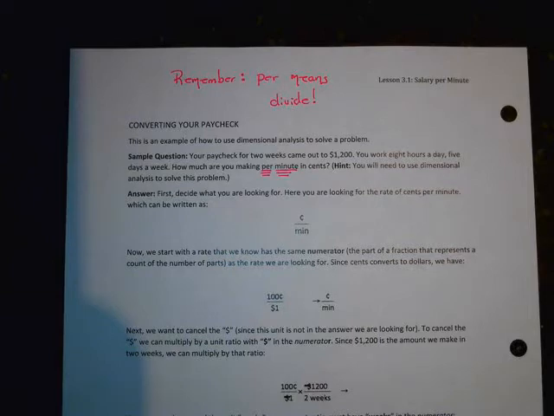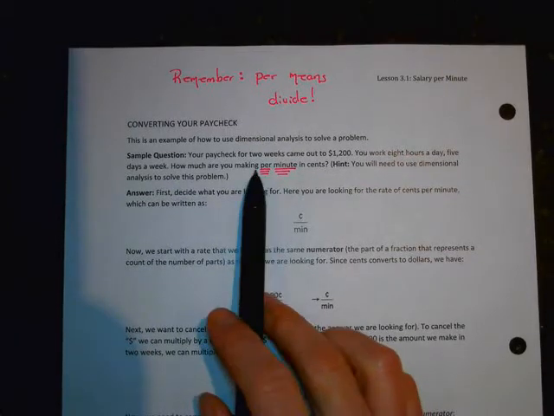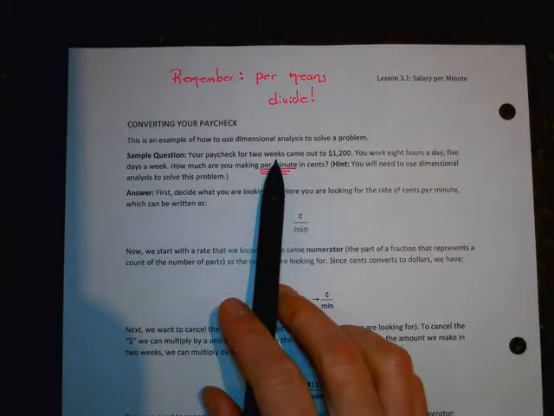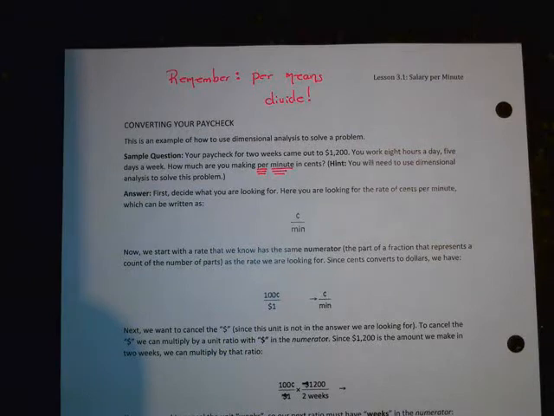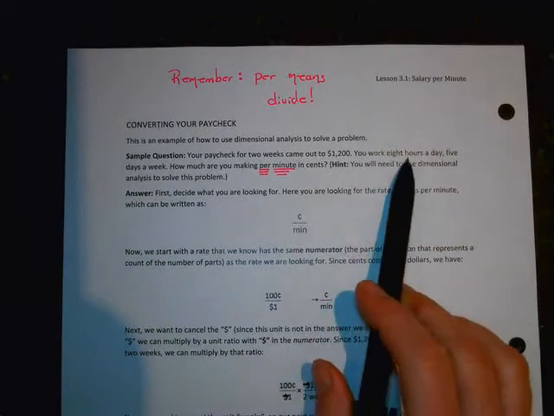So it says your paycheck for 2 weeks came out to $1,200. You work 8 hours a day for 5 days a week. So they want to know how much you're making per minute in cents.